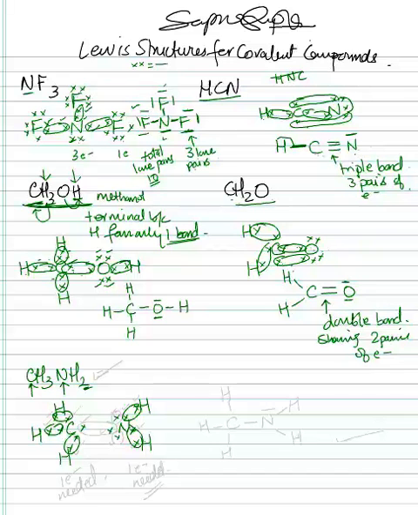So let's count all the electrons we have. On carbon we have 1, 2, 3, 4, 5, 6, 7. So we have 7 electrons on carbon right now, which means it needs 1 more electron. Let me just write that. And then you have nitrogen over here, which has 1, 2, 3, 4, 5, 6, 7. So nitrogen also needs only 1 electron.